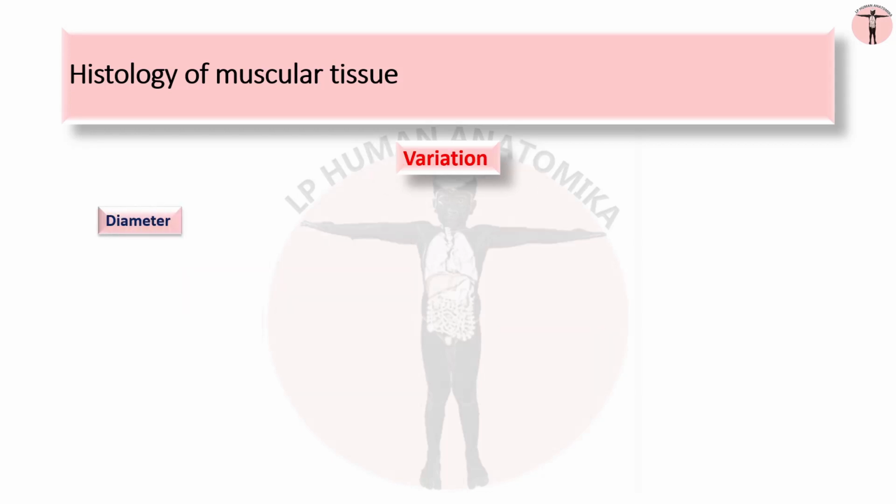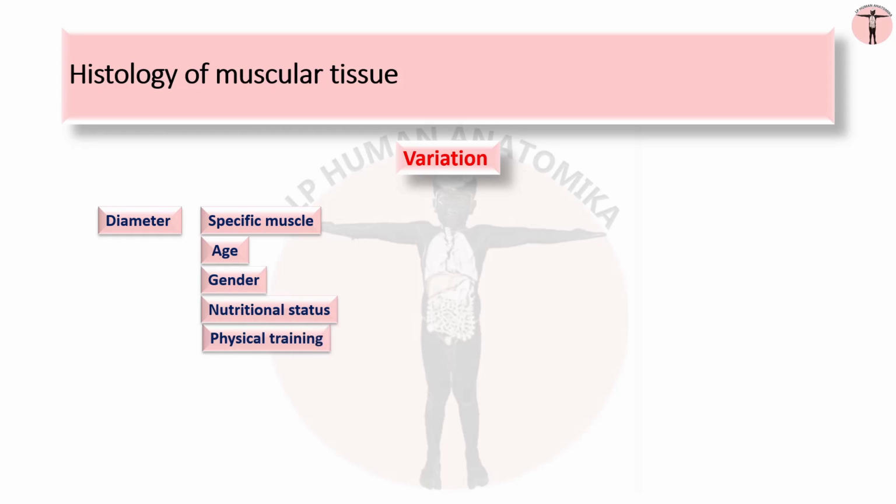The variation in diameter depends on the specific muscle, age, gender, nutritional status, and physical training of the individual. Exercise enlarges the skeletal musculature by stimulating formation of new myofibrils and growth in the diameter of individual muscle fibers. This process, characterized by increased cell volume, is called hypertrophy.